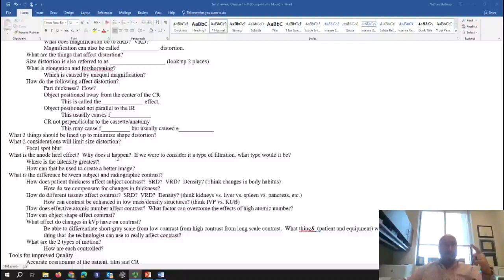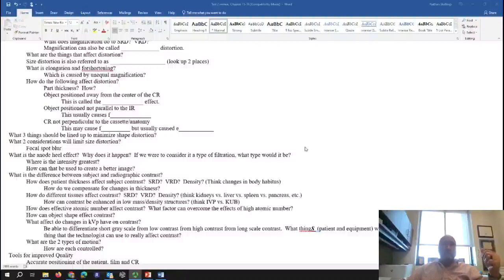So the absorption of the anode is going to reduce intensity on the anode end. But also, we're going to see better sharpness of recorded detail on the anode end of the X-ray tube, less sharpness of recorded detail on the cathode end. I'll draw that out later in the semester on the board.